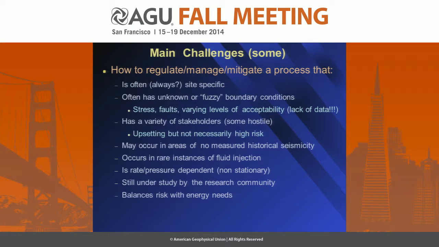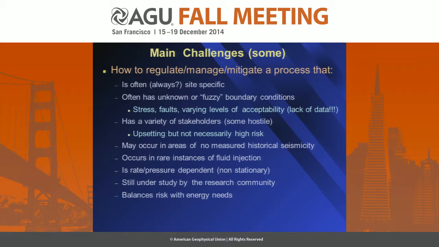You know that you don't have perfect data, in other words, and data is the key to understanding what's going on. Different stresses, faults, varying levels of acceptability by the public. If you're out in the middle of nowhere, you probably don't have much of a problem. There's a variety of stakeholders. It may be upsetting but not necessarily damaging to them, yet that is just as damaging to the project as physical damage to the area.